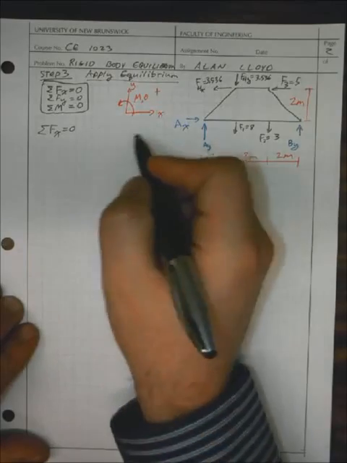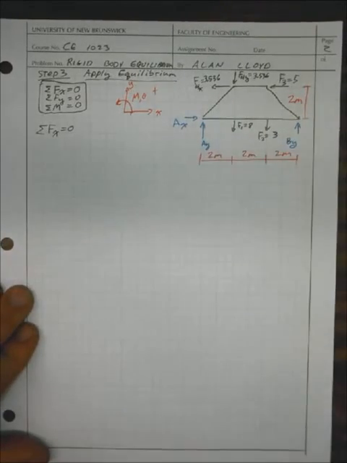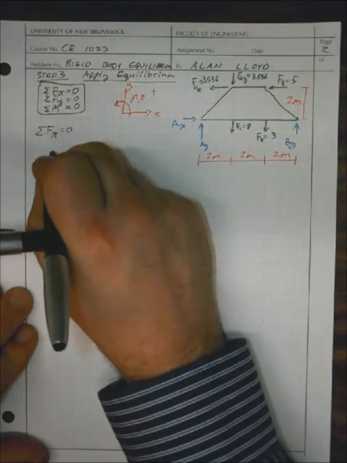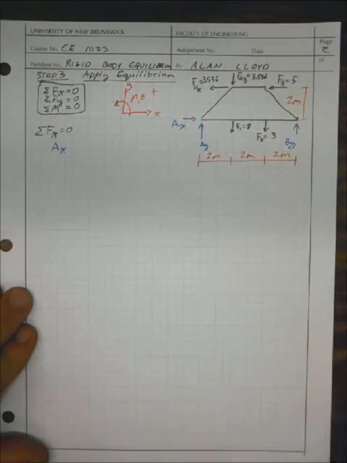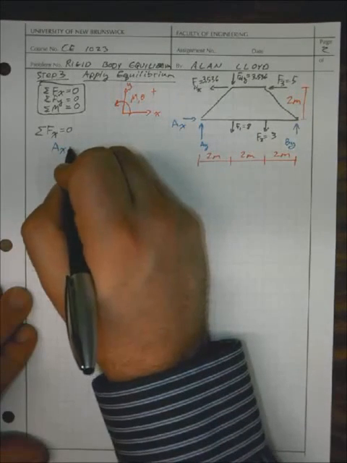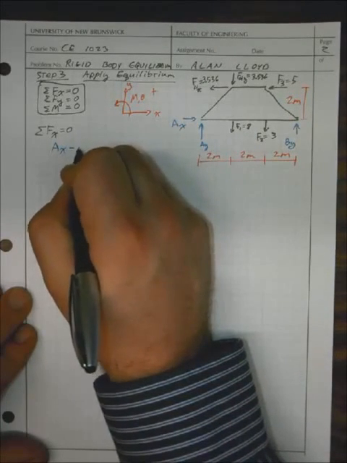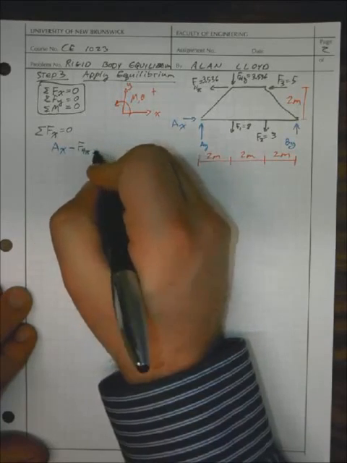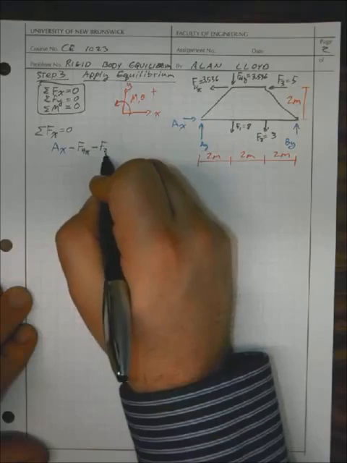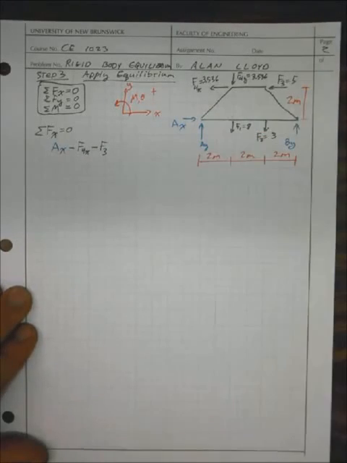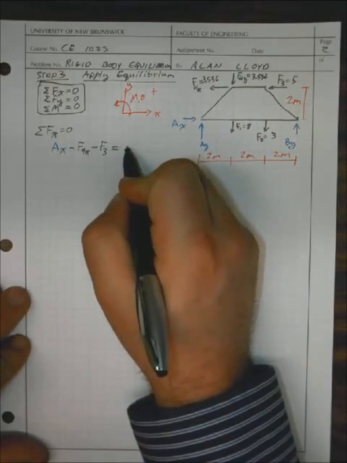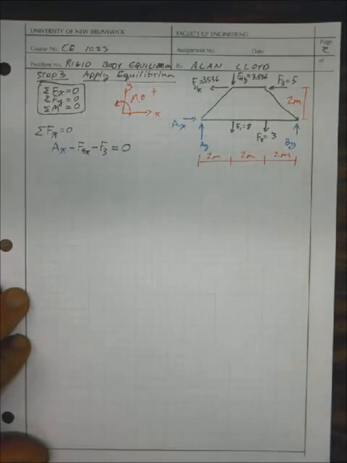So once we have that identified, we can add up all our forces in X using our appropriate sign. We can say that first off we have AX, and we'll write that in as a positive value because it's acting to the right. To that we will add negative F4X acting to the left, and F3 also acting to the left. And the sum of all forces in X is equal to 0.